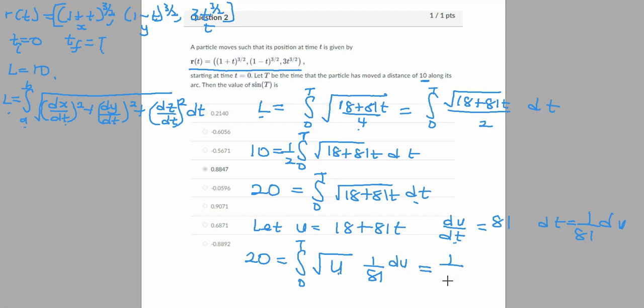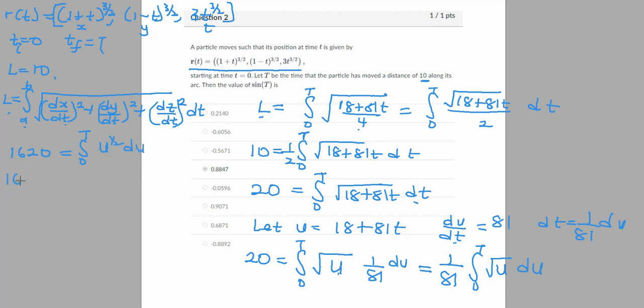That will be 1 over 81 times the integral from 0 to t of the square root of u du. So I can bring this 81 to this side. That's 2L times 81, that's 1620L, equals the integral from 0 to t of the square root of u, which can be written as u raised to power 1 over 2 du.